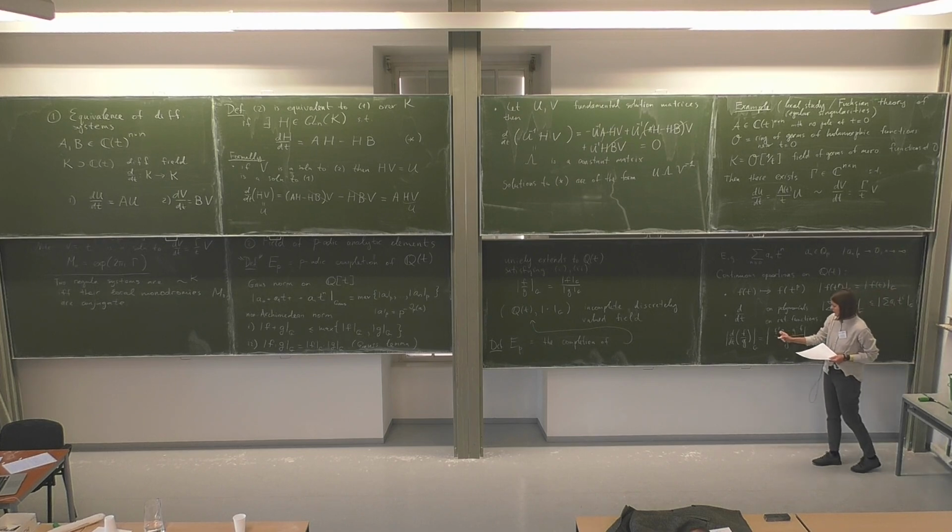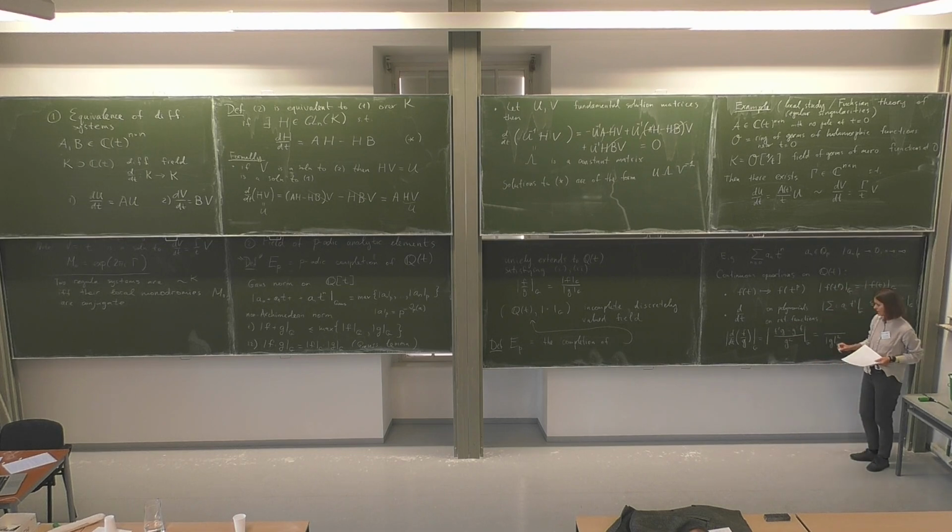And I use the first property, the non-Archimedean triangle inequality. So it's less or equal than the maximum of the Gauss norm of f prime times the Gauss norm of g, and the Gauss norm of f times the Gauss norm of g prime.